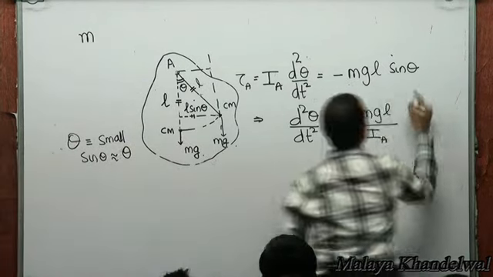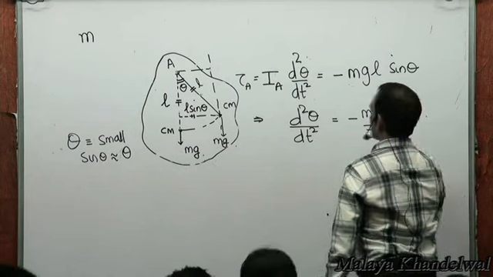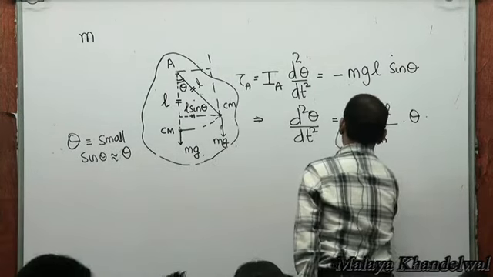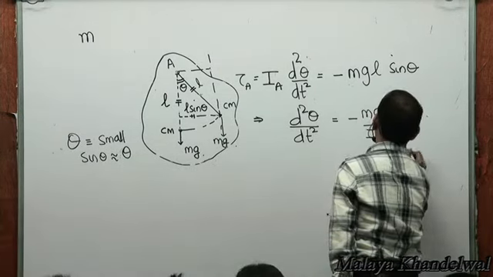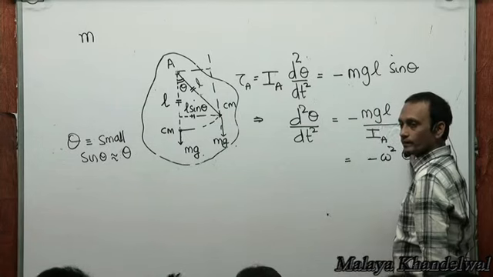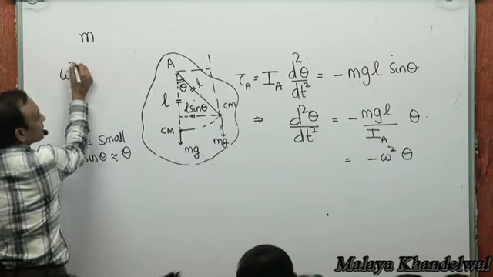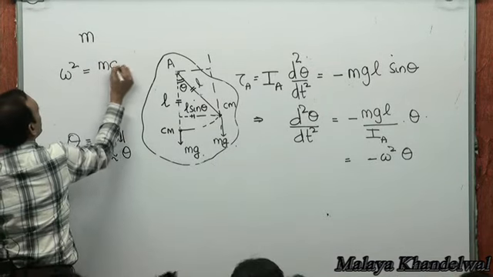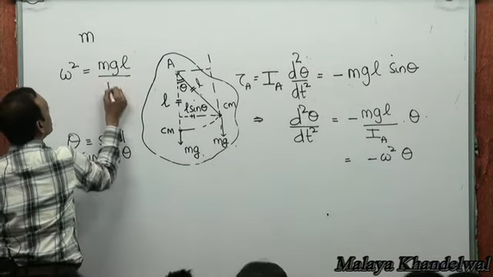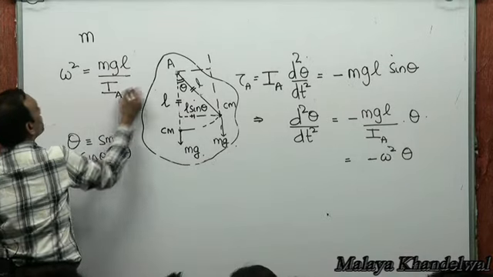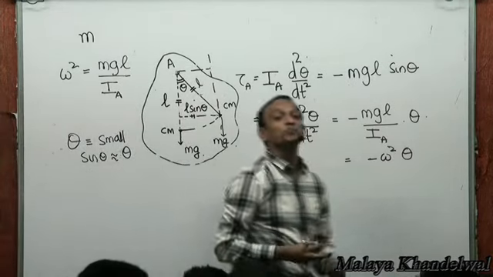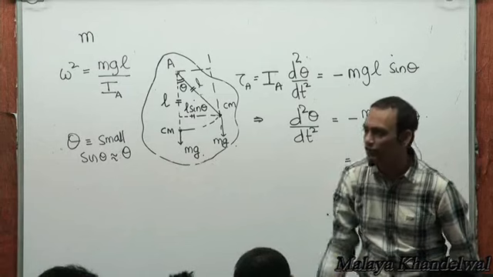So I can replace sine theta by theta. So this is like minus omega squared into theta, right? Where omega squared is mgL by I about A, the moment of inertia of this planar rigid body about an axis passing through A and perpendicular to the plane of the lamina.